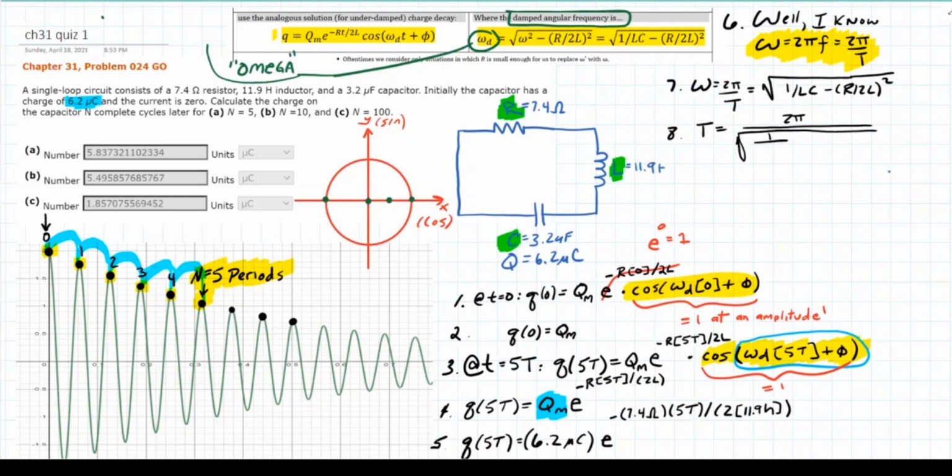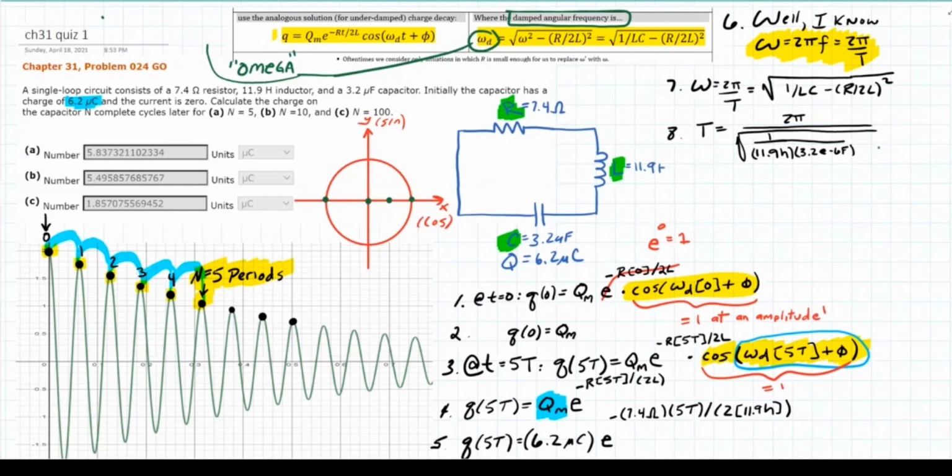And for me, L is, once again, 11.9 henries. That's L. C for me is, no, C for me is 3.2 microfarads, 3.2 e to the minus 6 farads.